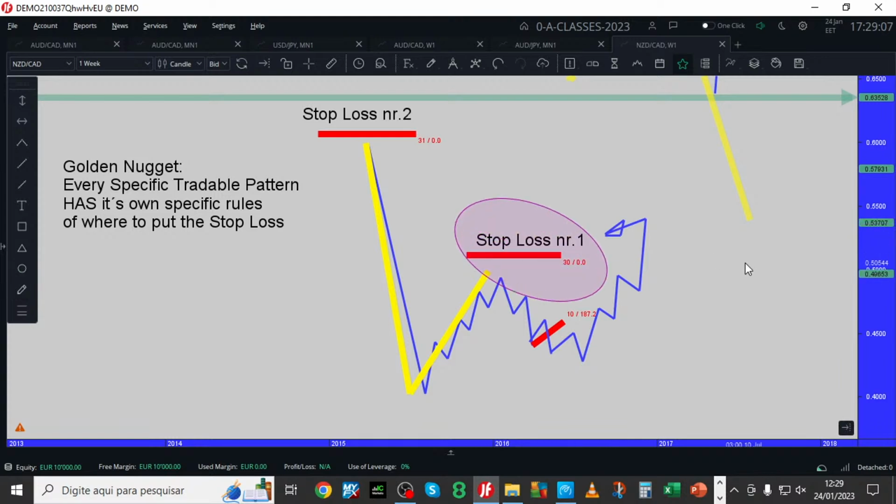Type in the chat yes or no. Is number 1 not the previous high? No, the number 1 is the most recent high. Everybody, if you put the stop loss on number 1 and the market stops you out, did the market break the down market wave? Yes or no?